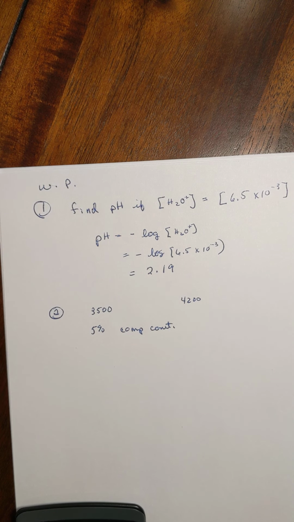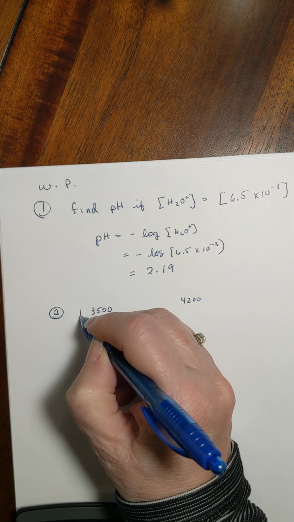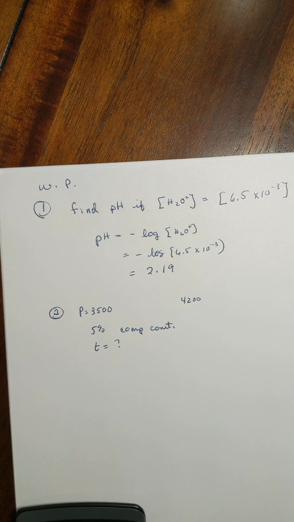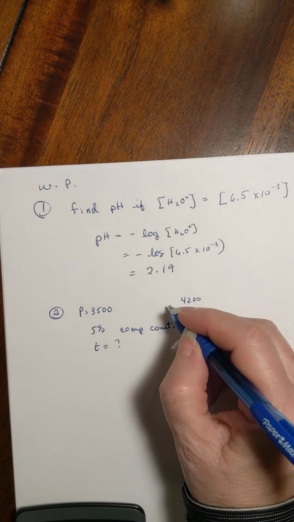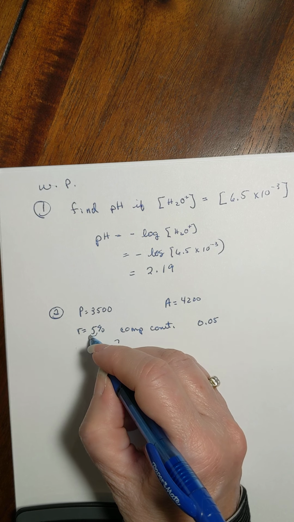Okay, so we're looking for t. So notice, this is the principal. This is the amount that he's putting into the bank. This is the amount he wants to get out of the bank. The interest rate is 5%, which would be 0.05. Because remember, you're dividing by 100, so you're making your number smaller.